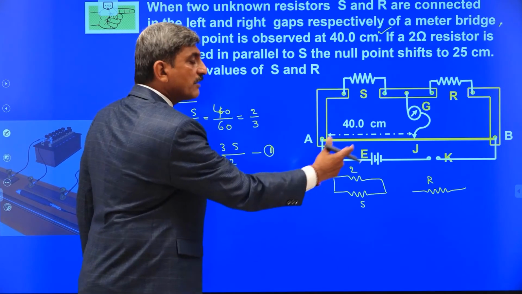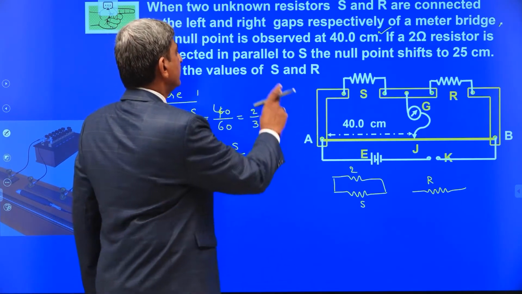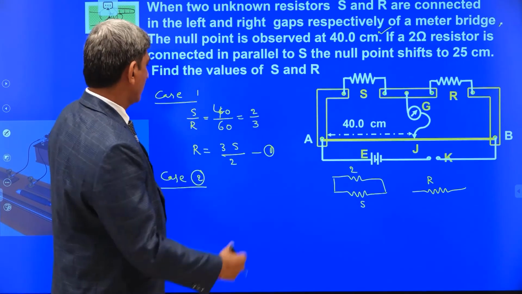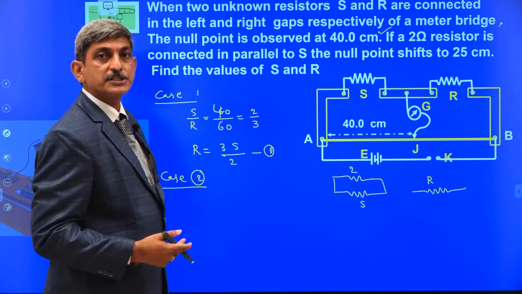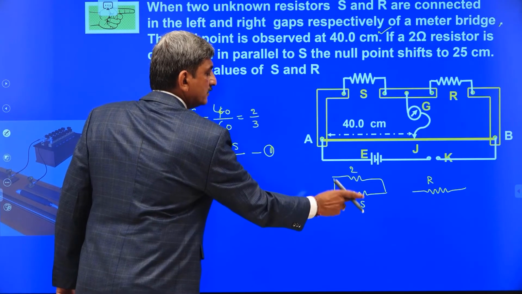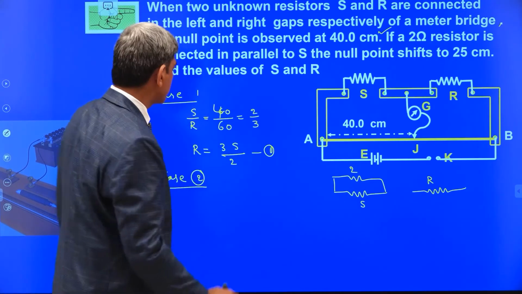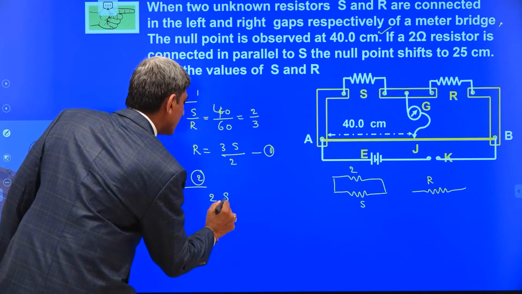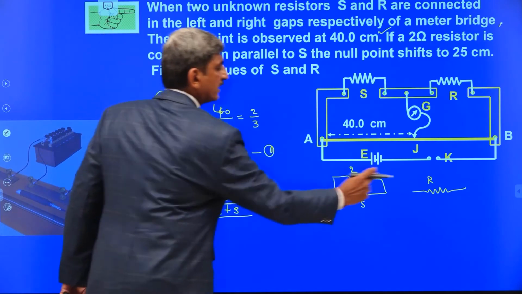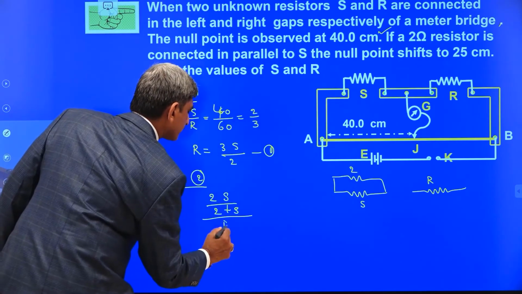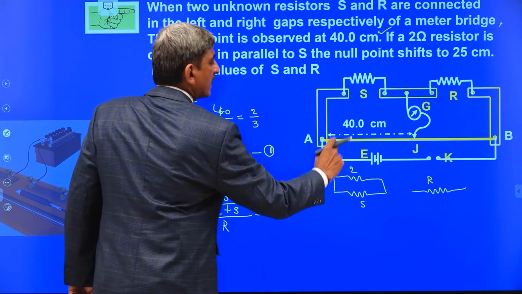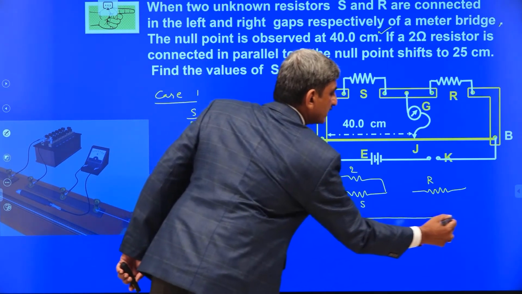Now, for the new combination of the resistors in the left gap and right gap, it is given that the null point shifts to 25 centimeters. Now, if we apply the balancing condition of the meter bridge, what is the resistance in the left gap? Equivalent resistance of 2 and S, which is given by 2S divided by 2 plus S, divided by the resistance in the right, R, is equal to the balancing length from the left hand to the length in the right hand.